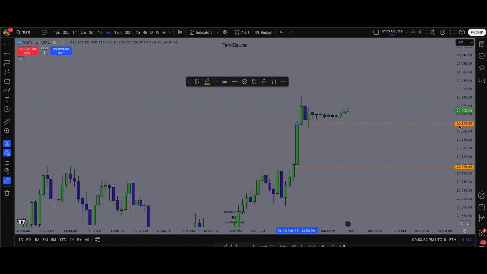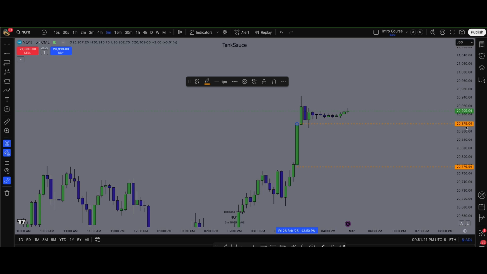Its highest point was 20,879. In 5 minutes, NQ moved over 100 points, so it's 102.5 points, I think is the exact number. I just did that off the top of my head, so sorry if I'm wrong. In 5 minutes, that's huge because that's over 400 ticks.